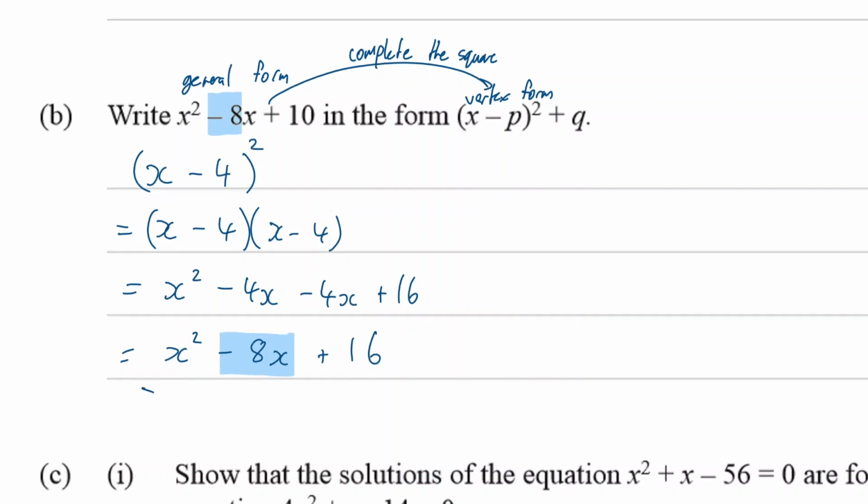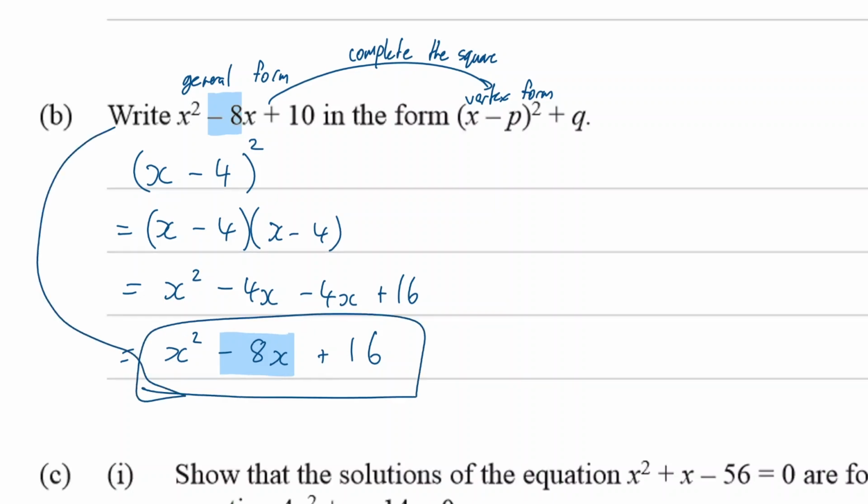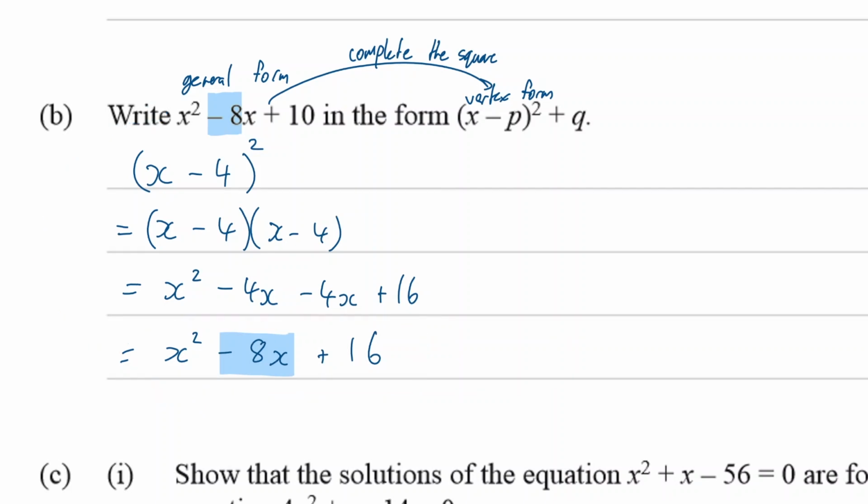Alright, but this expression here does not equal that quadratic at the start. So how could we adjust it so that we can get that x squared minus 8x plus 10? Right, so right now we have plus 16, but to get plus 10, we will need to subtract 6, which means we need to subtract 6 from here.